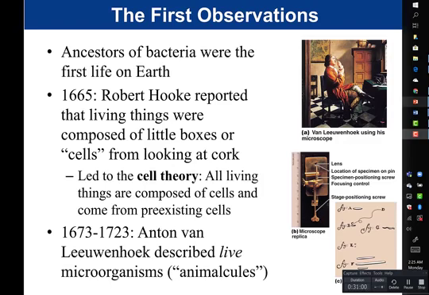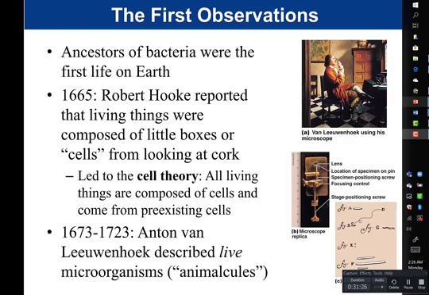It has this little pin where you can put the specimen. It has a lens. And so he would take those samples, the rainwater or the scrapings from the teeth, put them on this pin, use this lens, and he would view those samples. And so he did these little drawings of the different things that he saw.